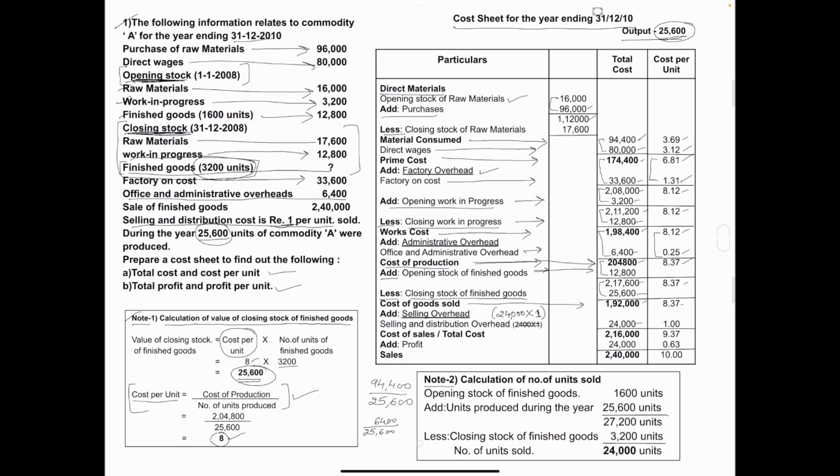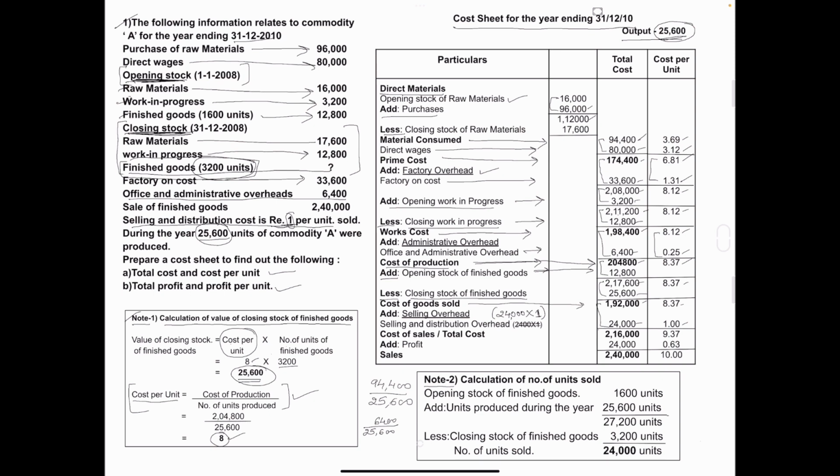Per unit we need not calculate because they have already mentioned rupee 1. If you want to calculate, cost per unit is 24,000 divided by 24,000, because the number of units sold is 24,000, that we have to take, not the output. Okay. So now add these two amounts.